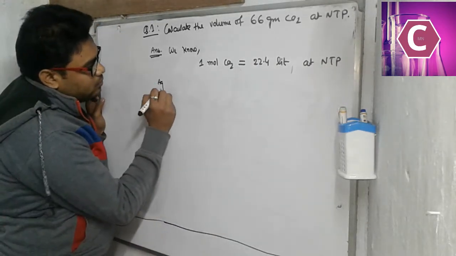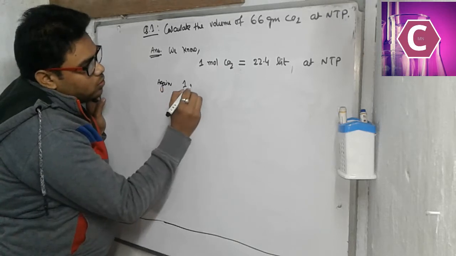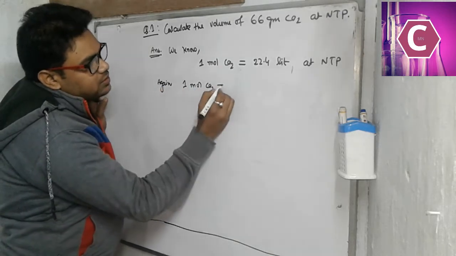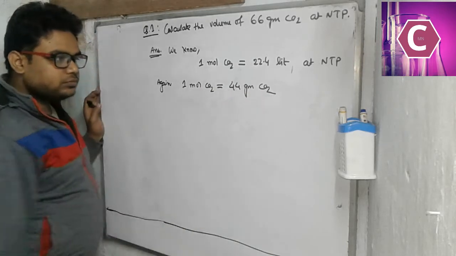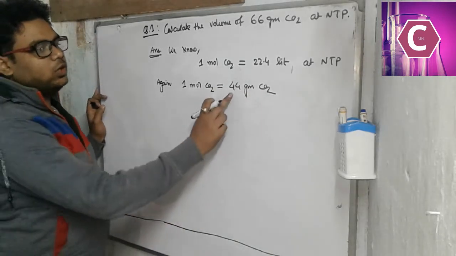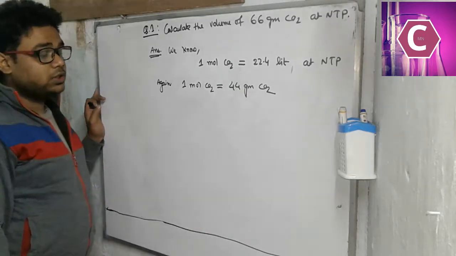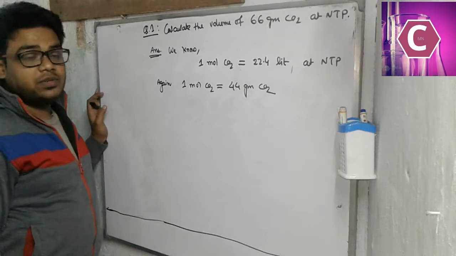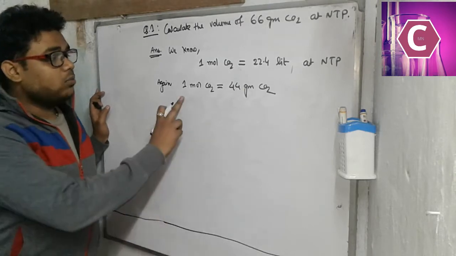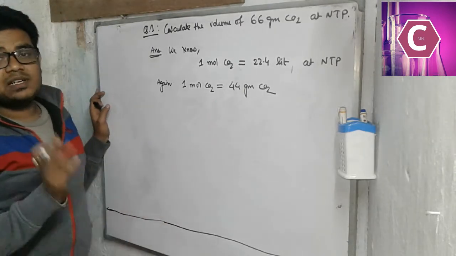Again, 1 mole CO2 is equal to 44 gram CO2. This is the gram molecular weight of carbon dioxide, and we have seen in the previous videos that 1 mole of something is equal to its gram molecular weight.